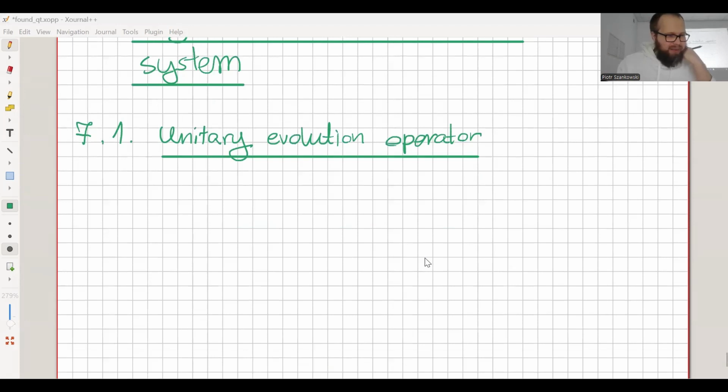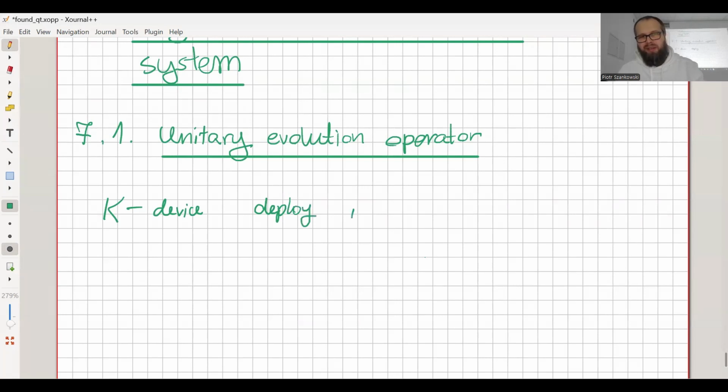Let's begin by choosing an arbitrary fine-grained observable, something that would be measured with a K device. Some arbitrary observable, arbitrary device. And let's deploy it at, let's say, t equals 0.